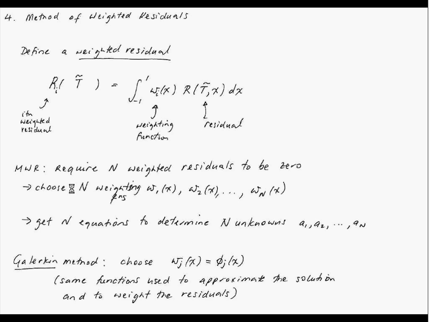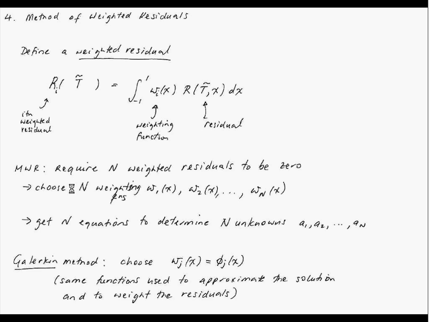And the second weighted residual would be the second weighting function multiplied by the residual integrated over x from -1 to 1. Okay, I don't want to work through all the math on the board, but basically you can see what's going to happen here, right?